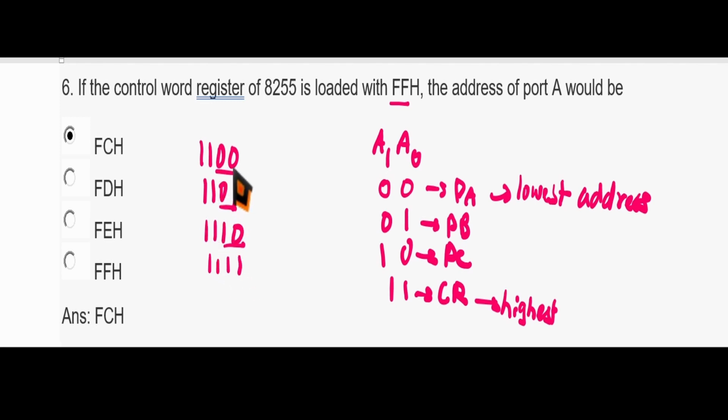So 00 indicates that this will be the address for port A. That means FC will be the address for port A and FD will be the address for port B, here 01. This will be the address for port C and this will be the address for control register. The correct answer is FCH. This is the address for port A.